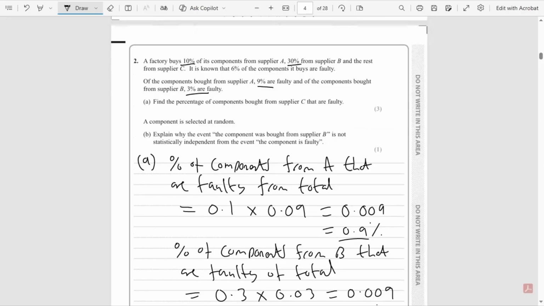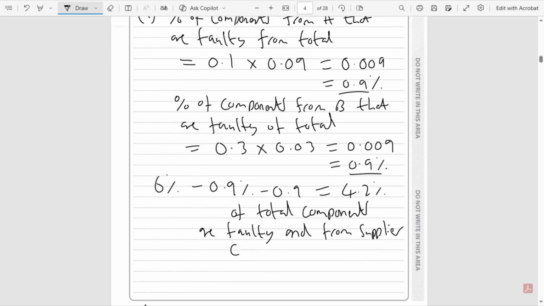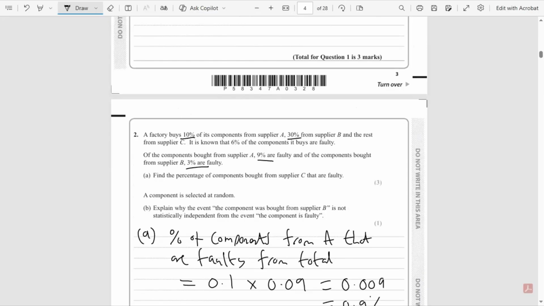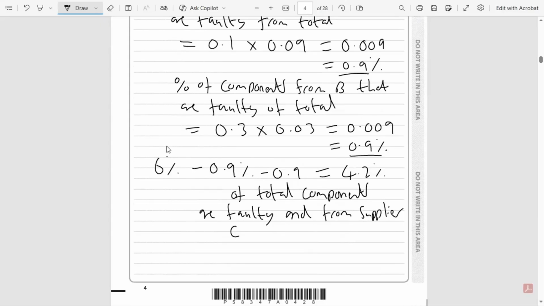Now, the question was to find out the percentage of components that come from supplier C that are faulty. So again, the total would be 4.2%, and 60% of the total number of components come from supplier C. So what we need to do here is say that 4.2% is equal to 60%, multiplied by the percentage that we need from the question.